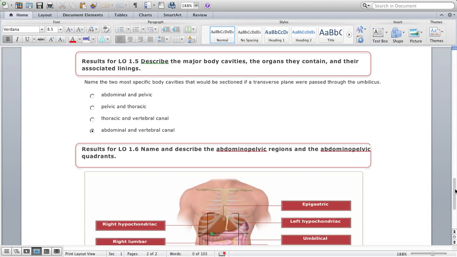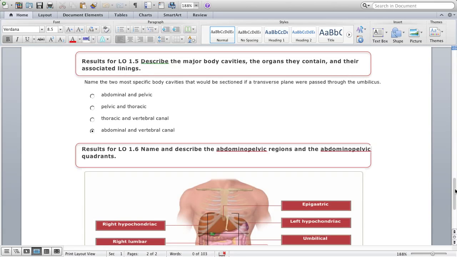This comes from Learning Objective 1.5, which is referring to the body cavities and the organs in those body cavities. And it asks, name the two most specific body cavities that would be sectioned if a transverse plane were passed through the umbilicus. So we're referring to the umbilicus, and the umbilicus is in the abdominal cavity.